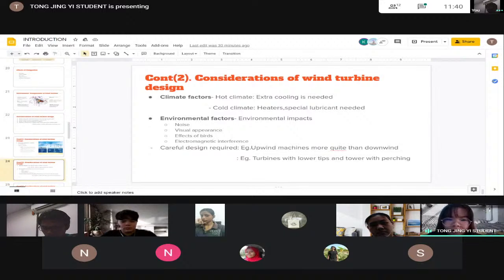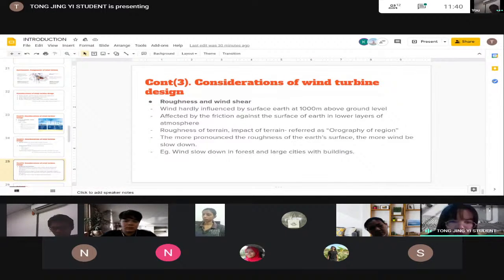We have to consider environmental impacts such as noise, visual appearance, effects on birds, and electromagnetic interference. To address those impacts, a careful design is required. For example, an upwind machine is quieter than a downwind machine, and turbines with lower tips and towers without perching can reduce the effect on birds.